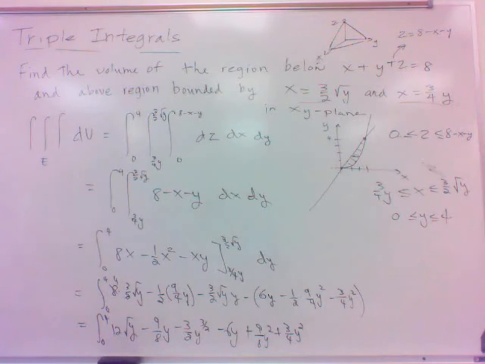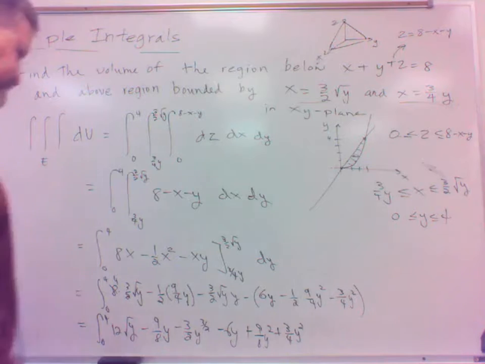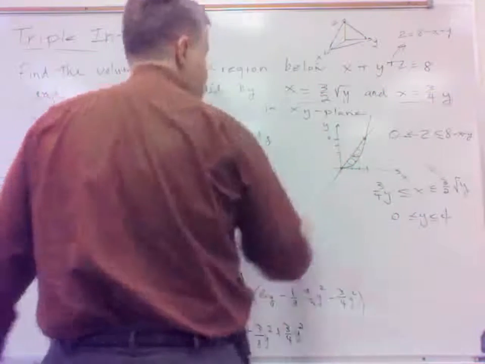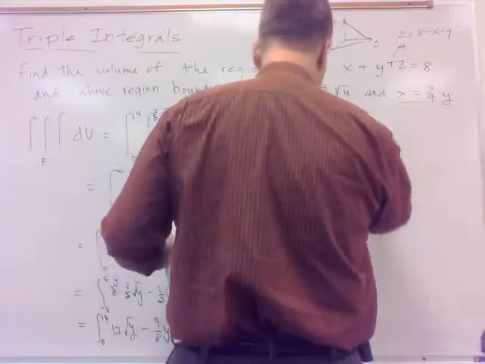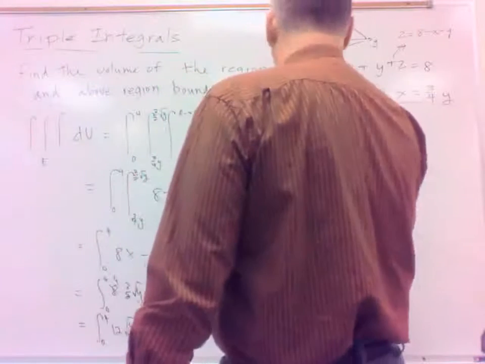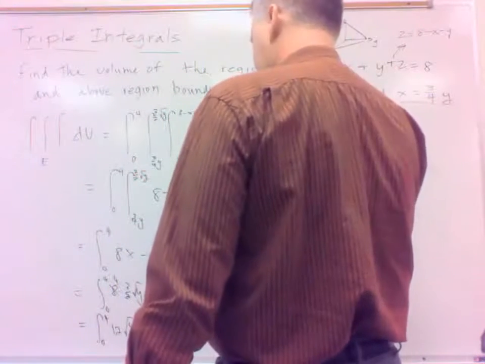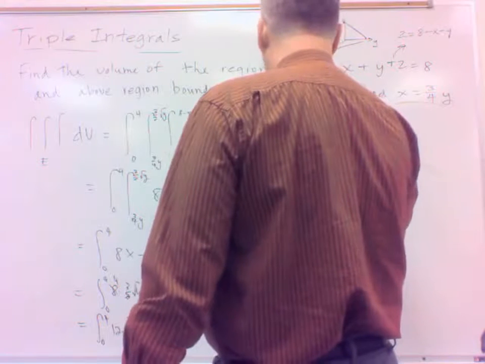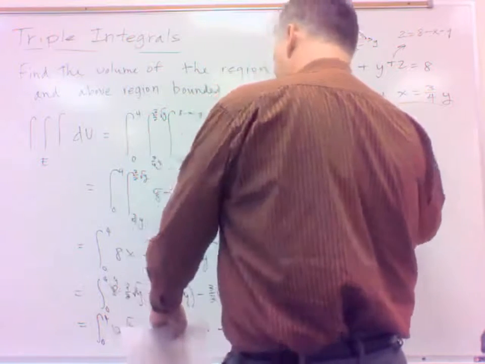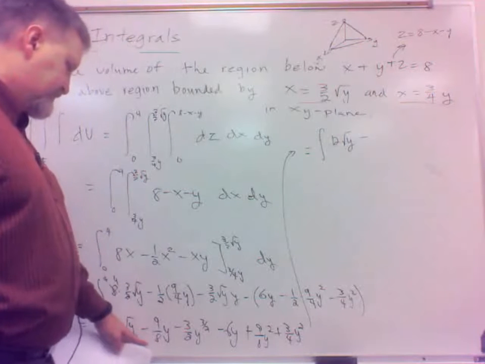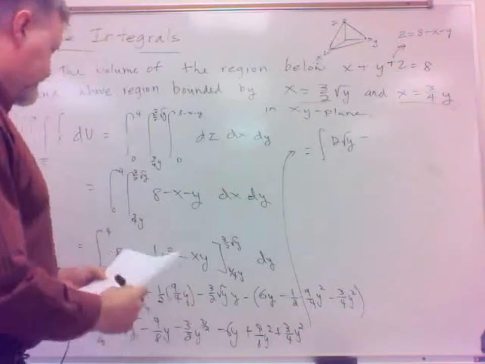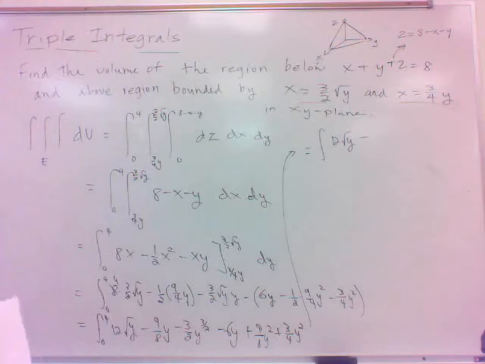Okay, so what can we combine? The y's and the y squareds? Let's see if we get the right thing. All right, so we have 12 square root of y minus 9/8 minus 6, so that's 48, 6, so 55/8.